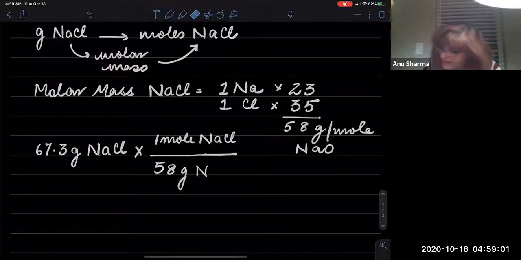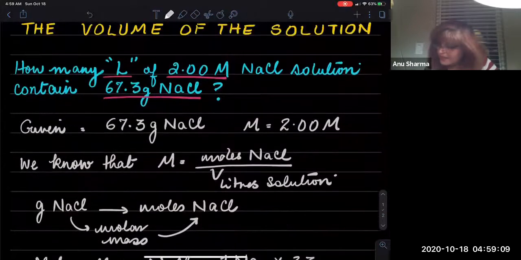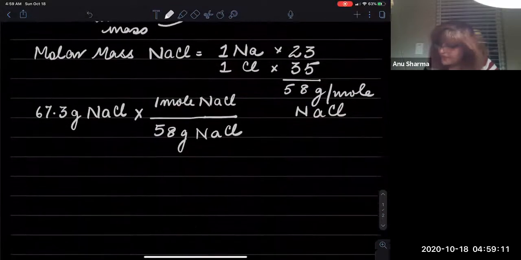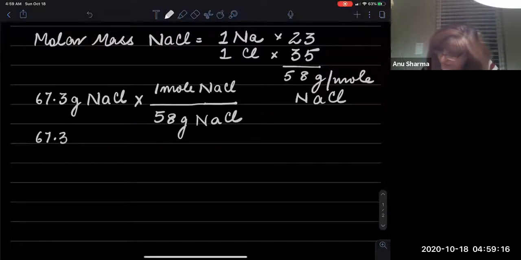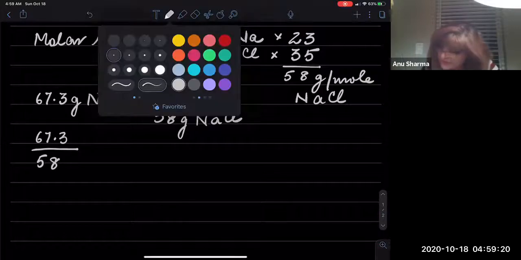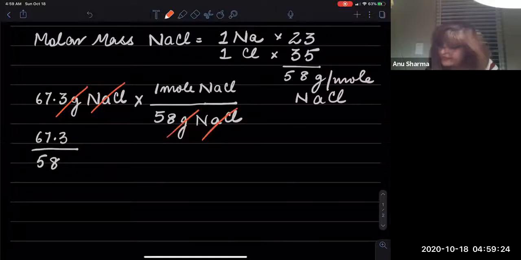I keep writing NaOH, but it's really NaCl. So this means 67.3 divided by 58, because the grams of NaCl and grams of NaCl cancel out.